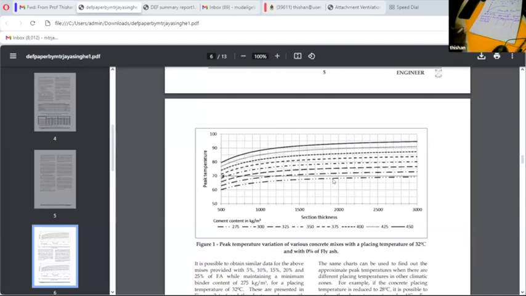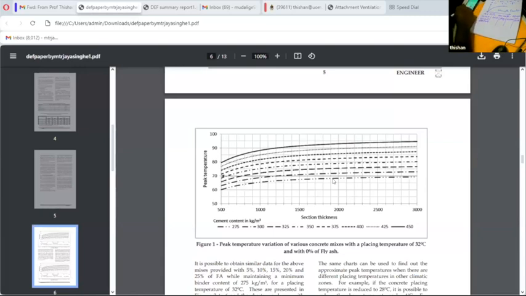What is the ratio, 120 divided by 420? It is 18%, so it's okay. So I can even use 150 here, which will give you 450.